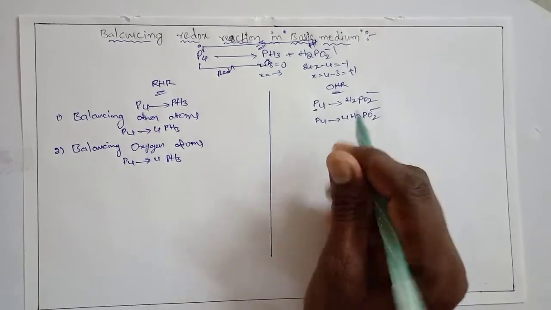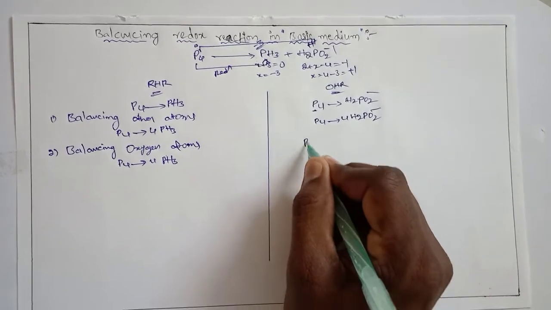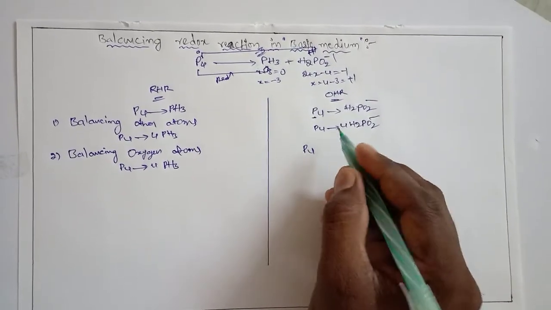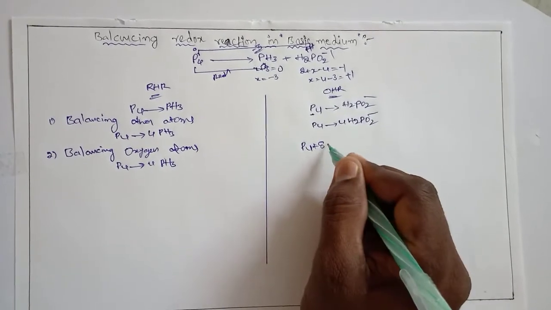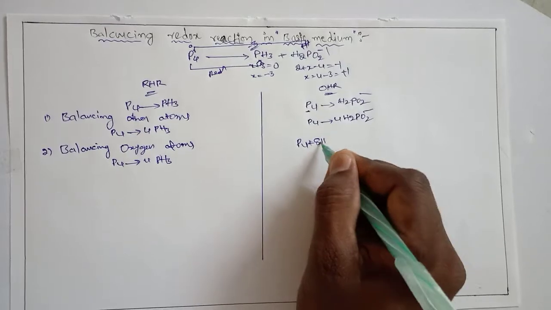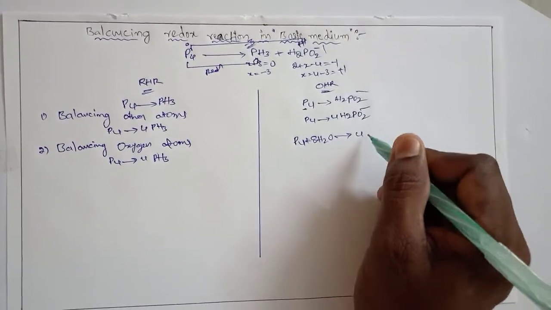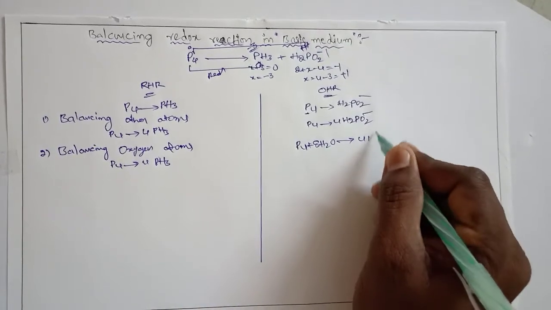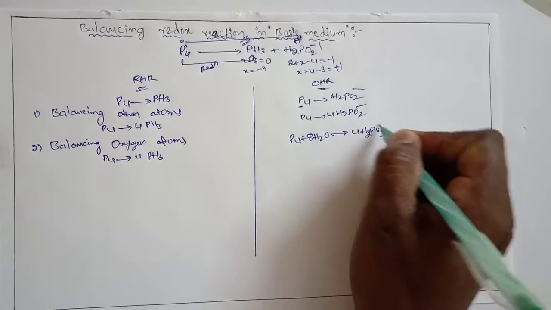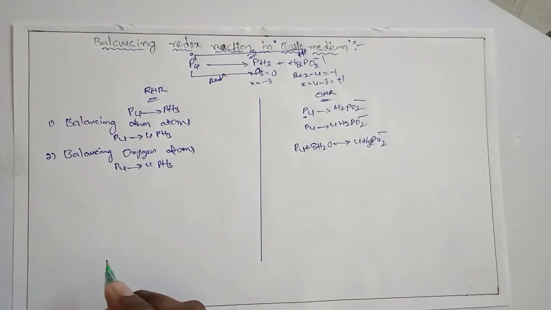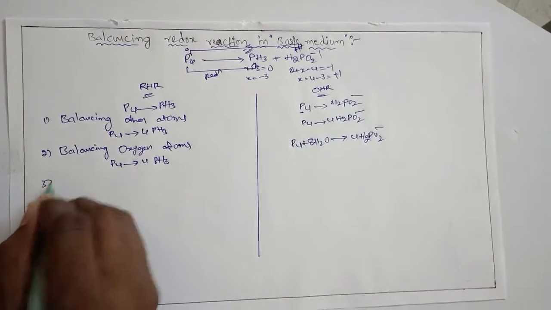So now P4 plus 8H2O gives rise to 4 H2PO2 minus. Next we have to balance hydrogen atoms.